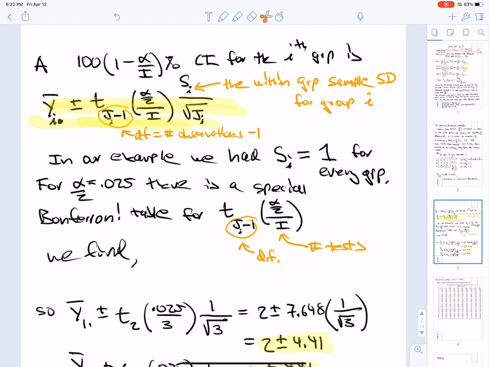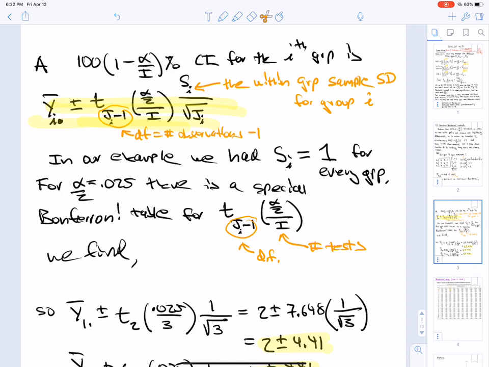And then Si is the within group sample SD for group I divided by the square root of Ji. So this formula should make 100% sense to you. Make sure you understand every part of this.